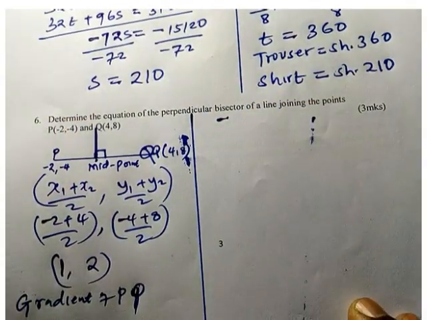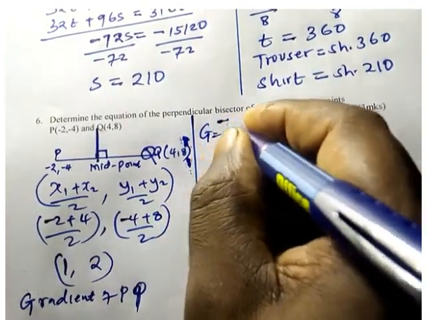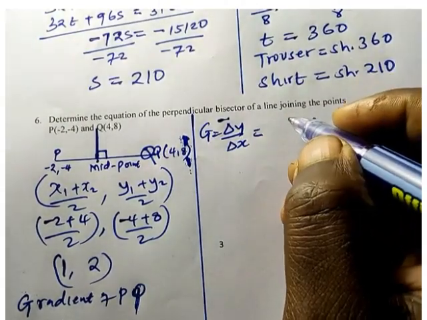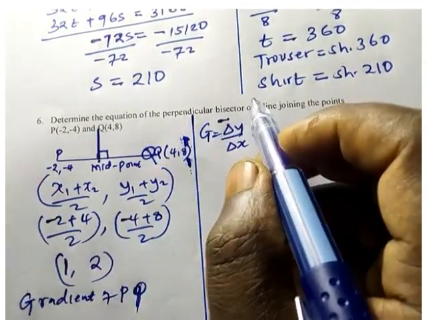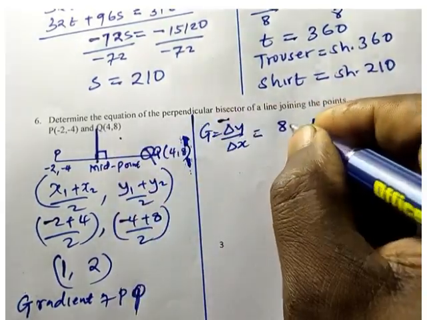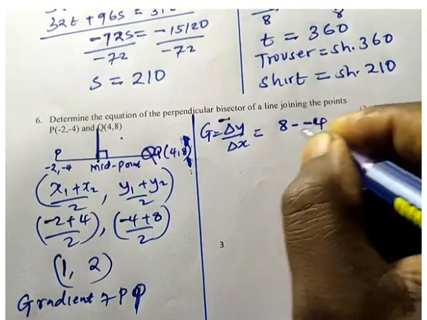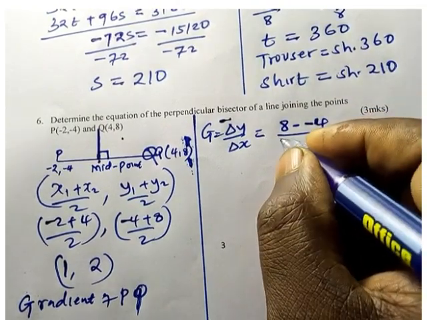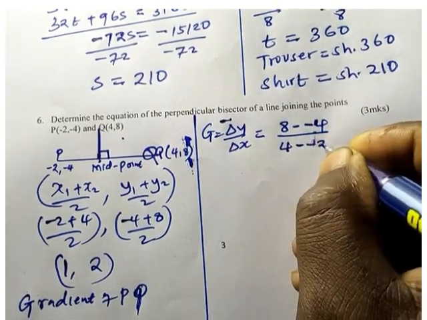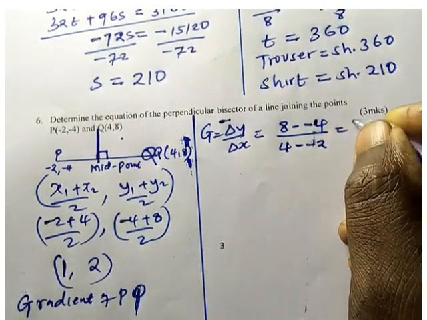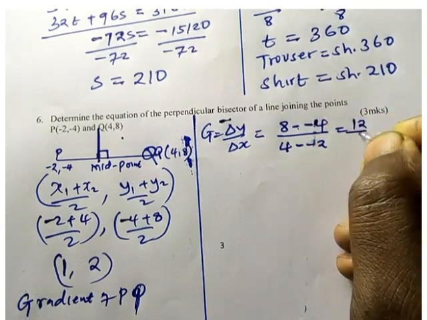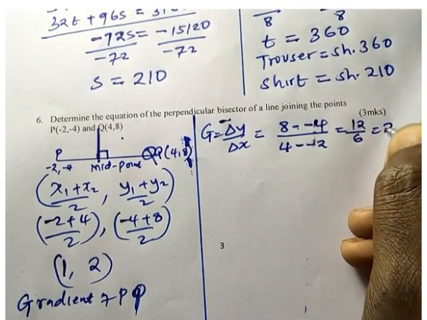We know gradient is equal to change in y over change in x, which is going to be 8 minus negative 4, divided by 4 minus negative 2. And this is the same as, negative times negative is positive, so this is 12 divided by 6, and the gradient is 2.